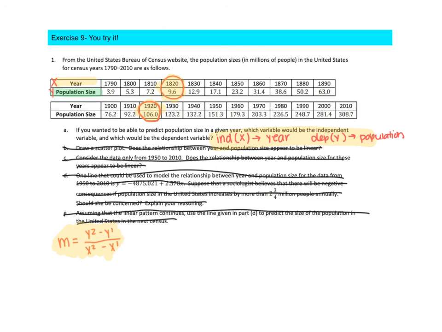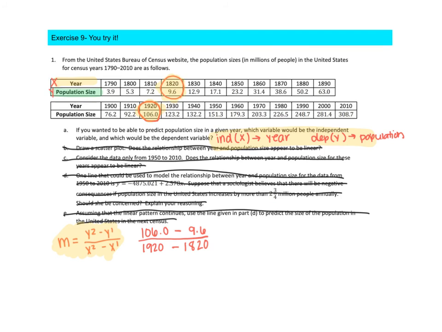Alright, if you were doing y2 minus y1 over x2 minus x1, you would have written in 106.0 minus 9.6 over 1920 minus 1820.